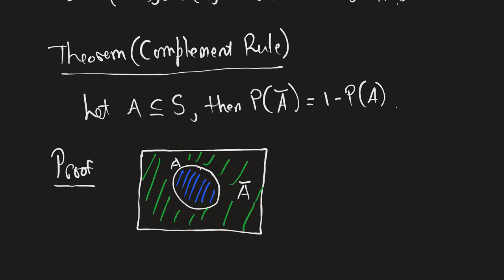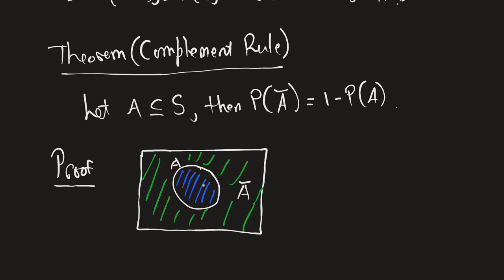And the key to this is noting that if I take the union of the set A with its complement, what do I get? Well, I get the entire sample space. I get the entire rectangle, right?